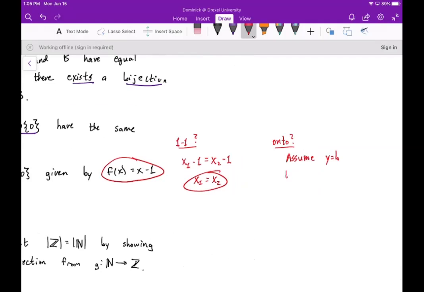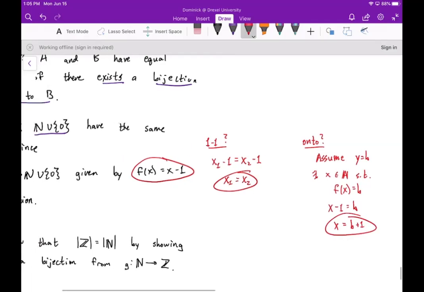Does there exist an x in A, in this case your natural numbers, such that f of x is equal to b? And of course, yes, because if f of x is equal to b, you have x minus 1 is equal to b, and you would get x is equal to b plus 1.